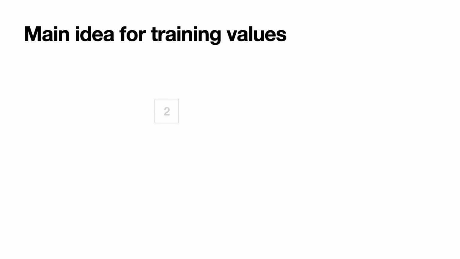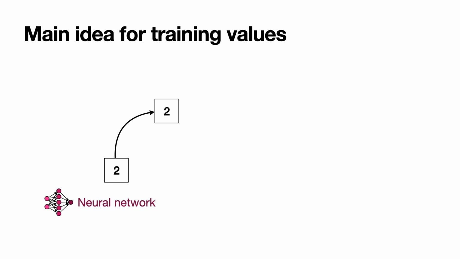Let's say that we have a state whose value is 2. And what do I mean by the value is 2? I mean that the value neural network thinks that this value is 2. However, let's say that the actual value is 5. So this neural network underestimated the value. And so we need to tell the neural network to increase this value of 2. So we introduce something called the gain.